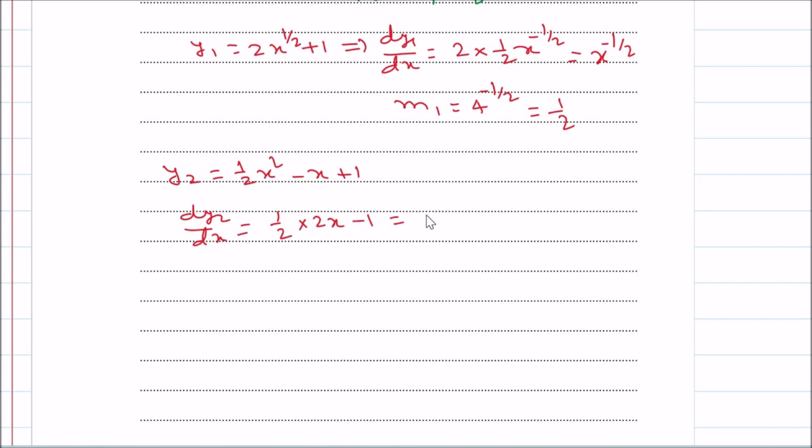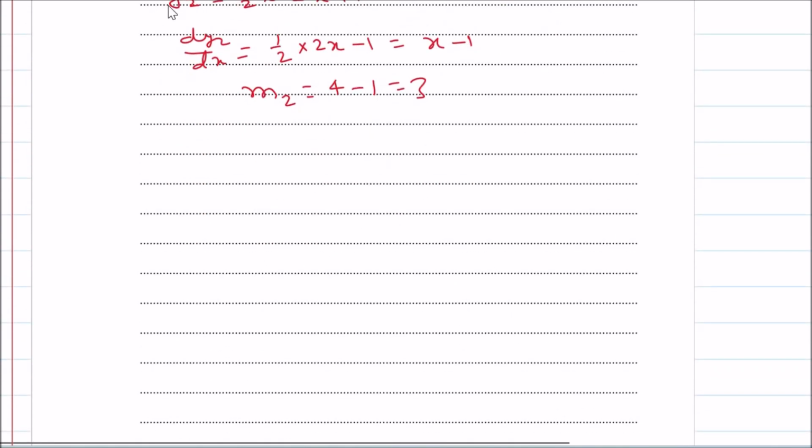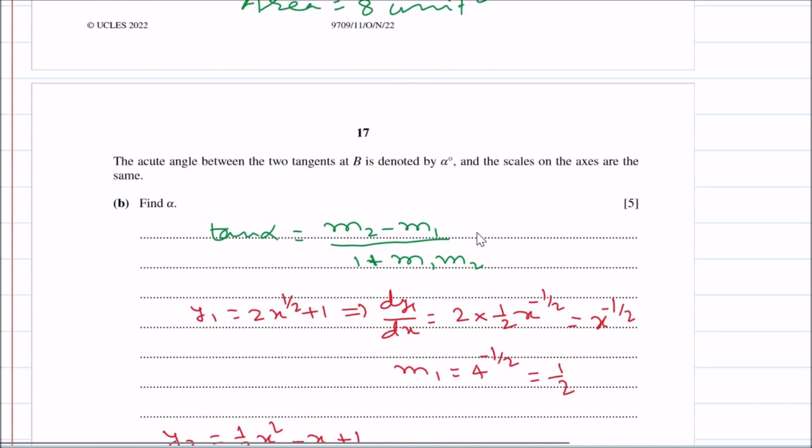So we have x minus 1. So m2 becomes, when you substitute x equal to 4, 4 minus 1, that is 3. So m2 is 3, m1 is 1 by 2.